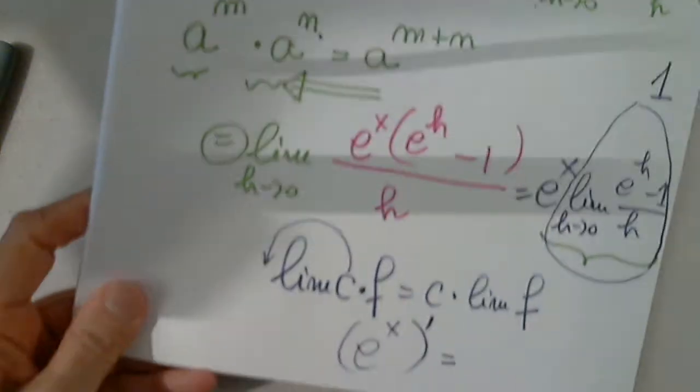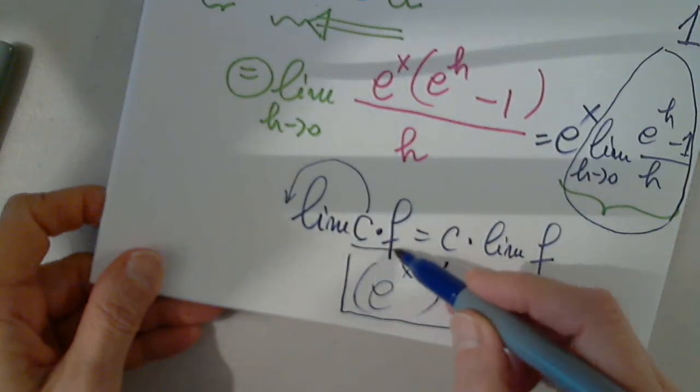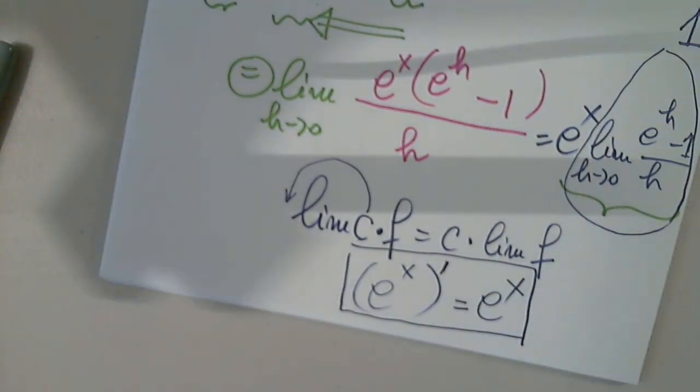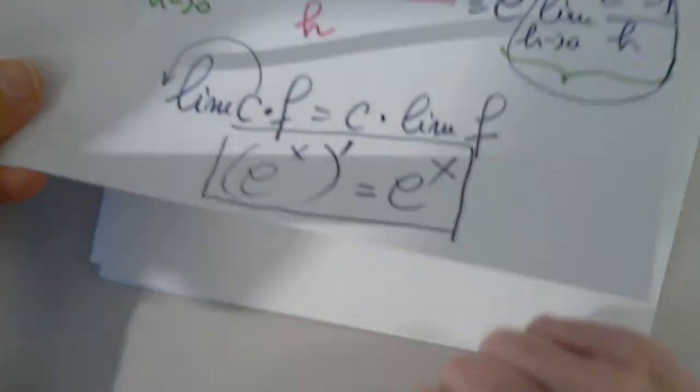Exactly. This is the nicest function on the planet. The sweetest function possible. I don't have to do anything. e to the x prime is e to the x. That's it.